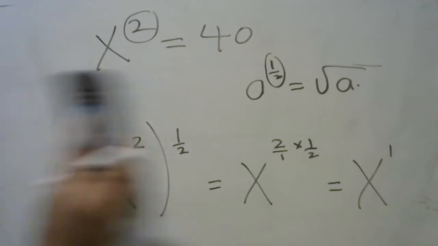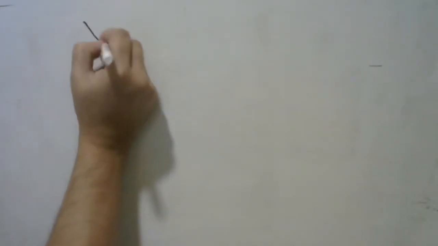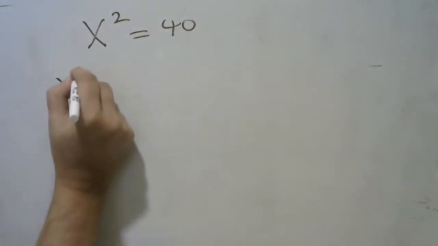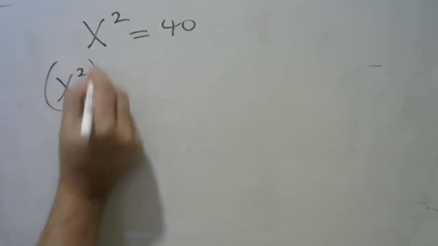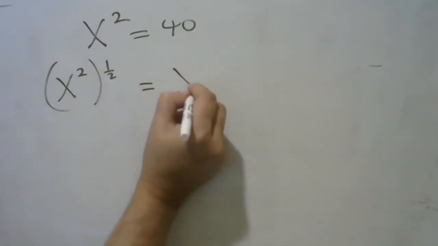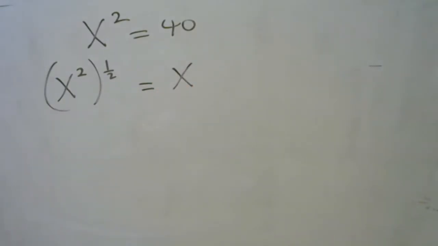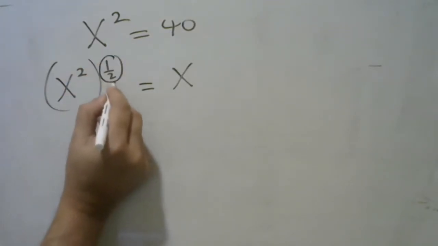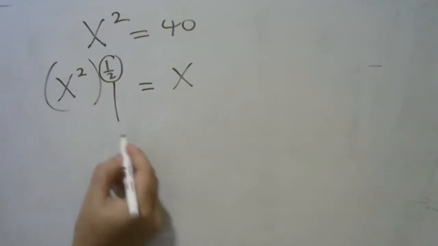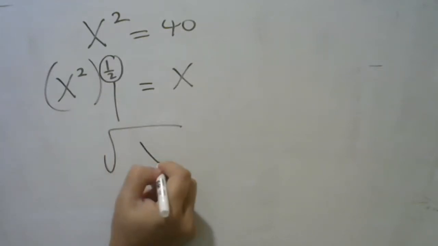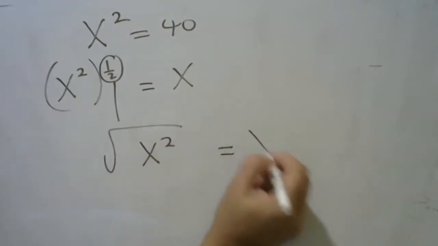Now, I'm saying x squared is equal to 40. And I'm saying x squared times a half will give me x. But I'm saying also that this half is indicating the root of whatever is this. So I'm saying the root of x squared is equal to x.